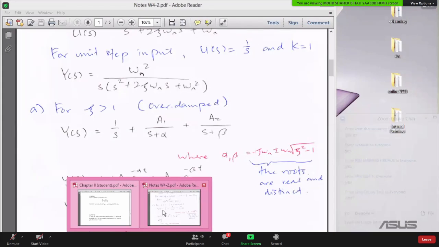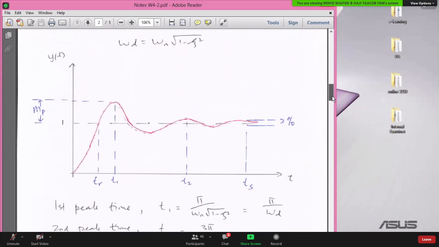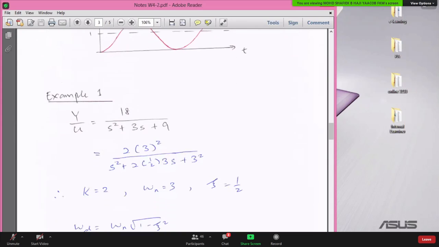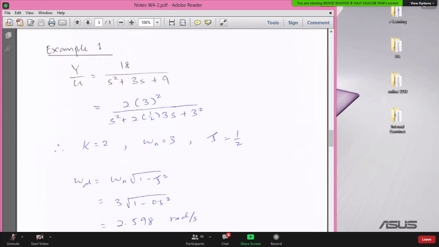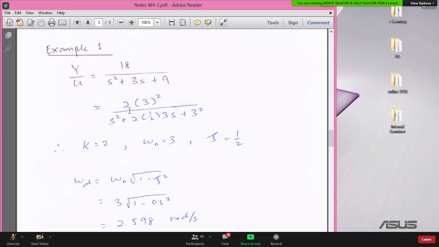All right, so now let's take a look at the solution. This is the original transfer function, and you can write it in this format. You can now see that 9 is 3 squared, 18 is 2 multiplied by 3 squared, and 3 is 2 times 1/2 times 3.